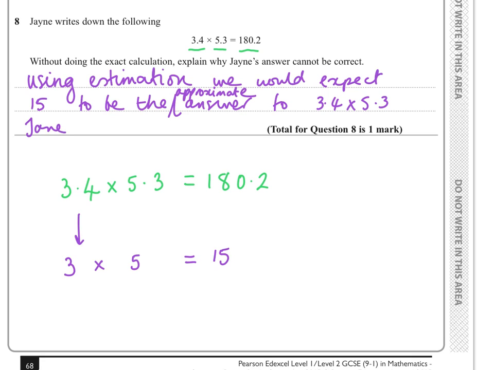Jane has 180 roughly, which is over 10 times too much.